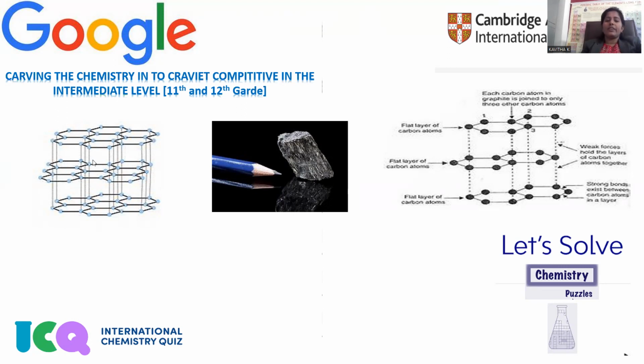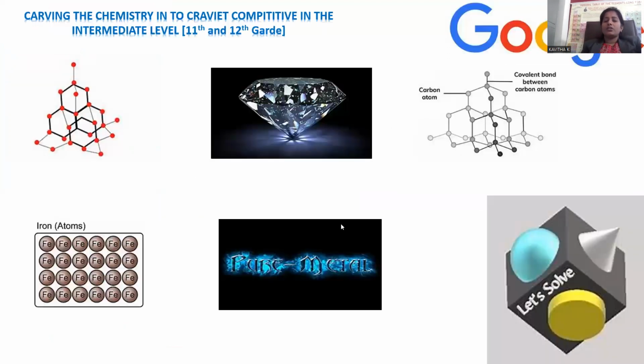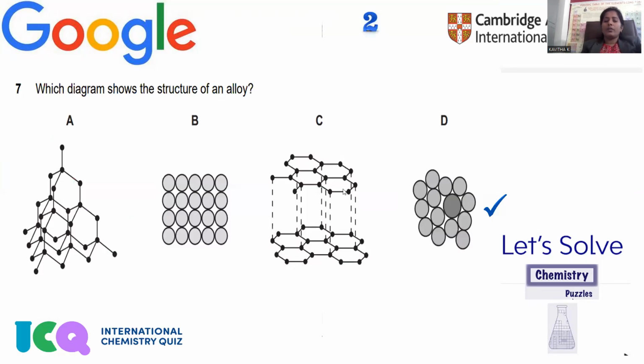In heavy machinery, wherever friction is available, in order to avoid the friction, we can use graphite as an efficient solid lubricant, because of such sliding nature and the weak forces between two different layers. Moreover, pencil lead is also made up of graphite, purely carbon. You can find only carbon layers, so we can't say this is an alloy.